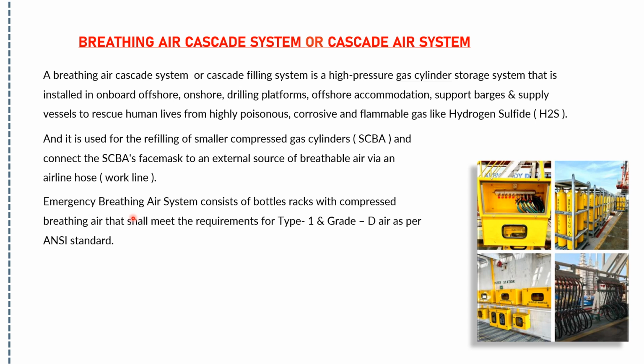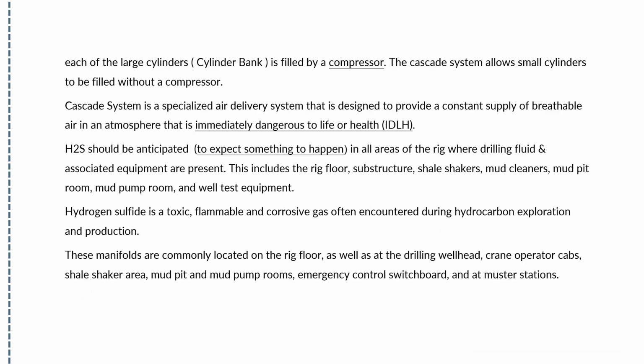The emergency breathing air system consists of bottle racks with compressed breathing air that meets the requirements of type 1 grade D air as per the ANSI standard, American National Standards Institute. Each of the large cylinders, the cylinder bank, is filled by a compressor, the yellow cylinders we saw.